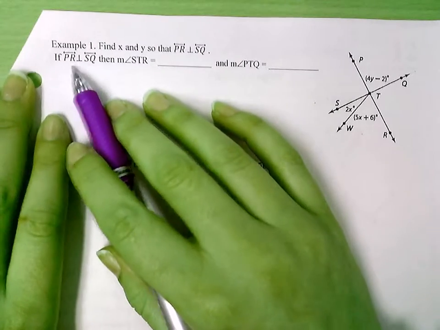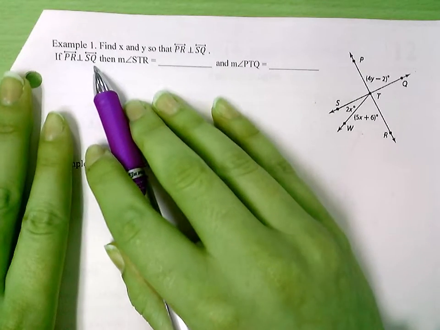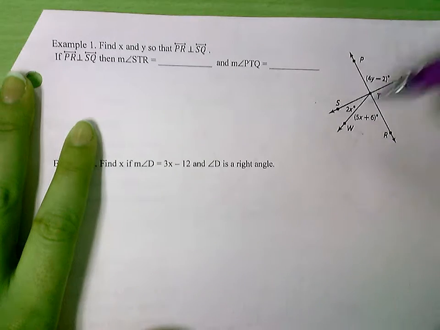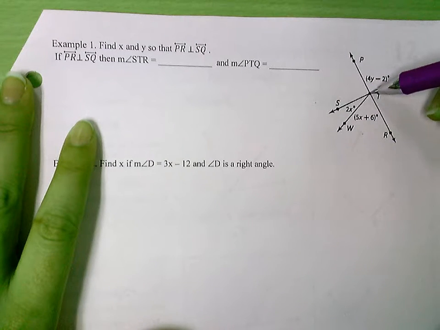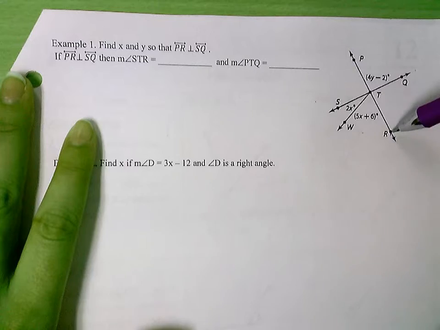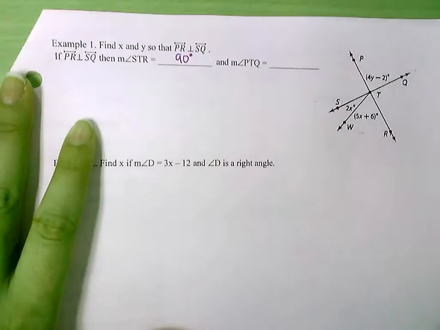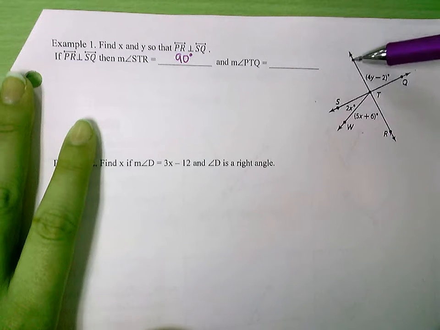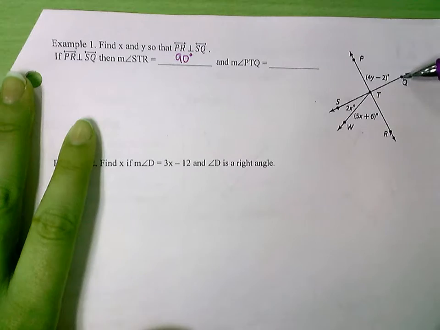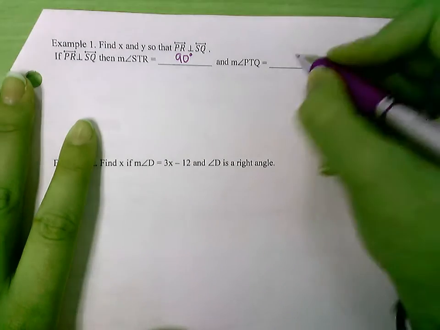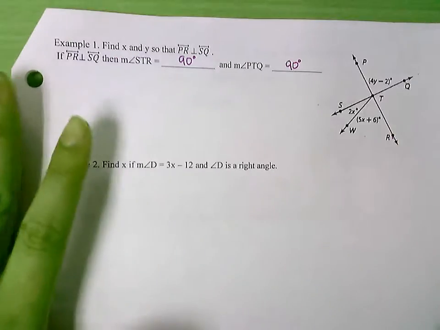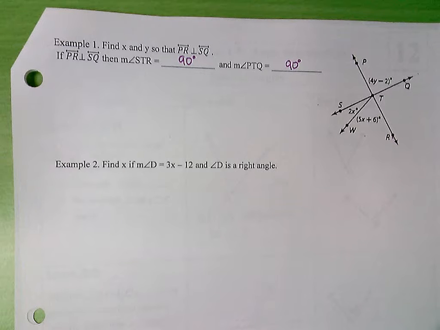So if line PR is perpendicular to line SQ, then the measure of angle STR would be what? 90. And the measure of angle PTQ would also equal 90. So we want to find x and y then.